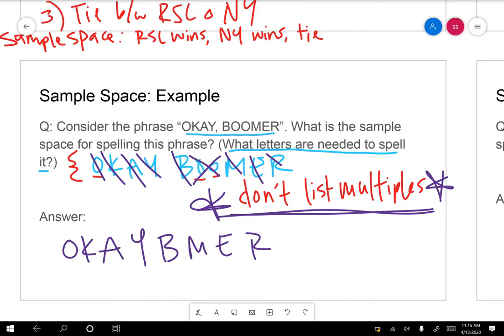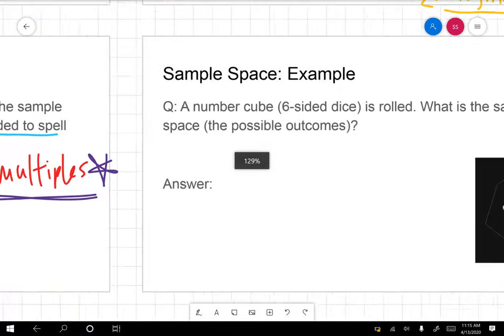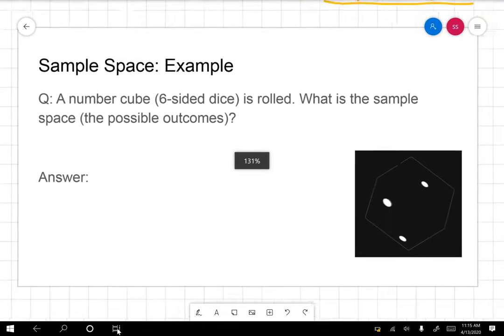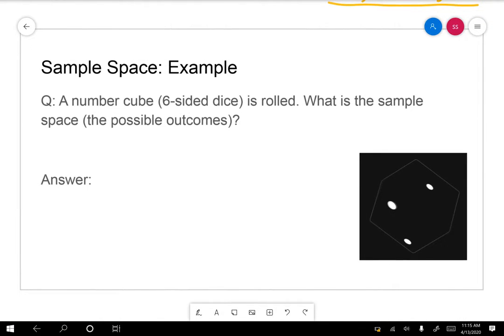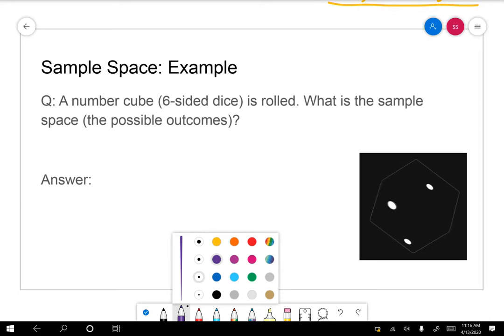Let's go to another one. Sample space. Okay, let's say we have a number cube, which is just a normal six-sided dice. Sometimes they call it number cubes. Let's say we're rolling this dice. What is the sample space for this event? In other words, what are the possible outcomes when we are rolling a dice?